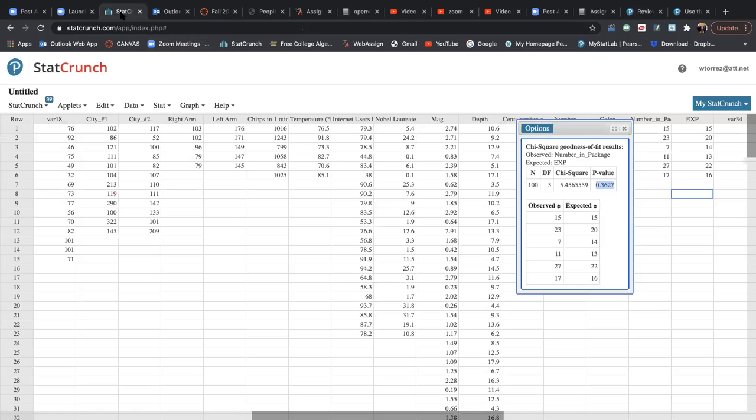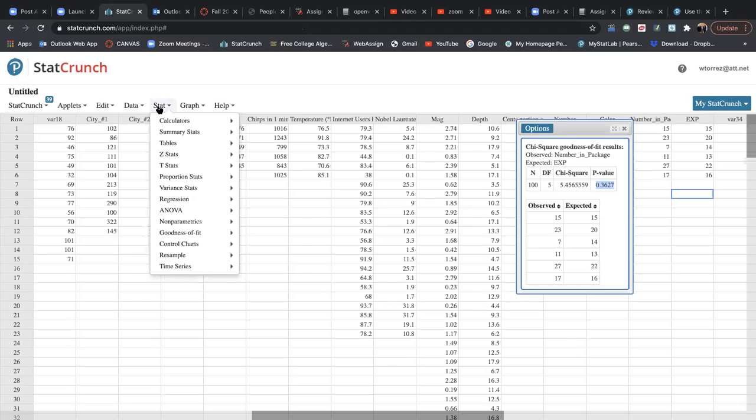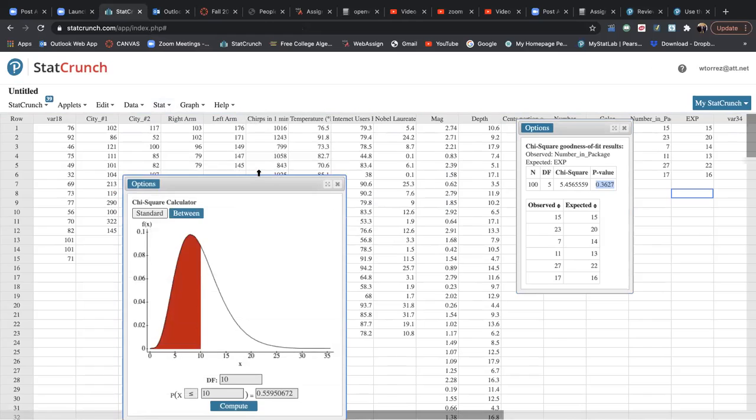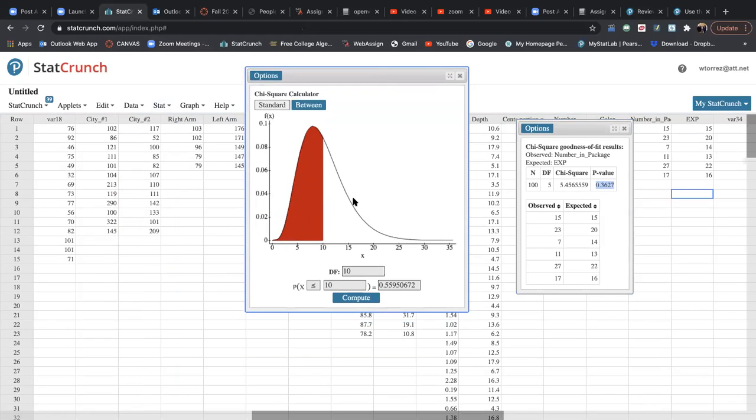So let's go into our calculator for chi-square. Here is chi-square. And our degrees of freedom, we said, is 5. Okay.